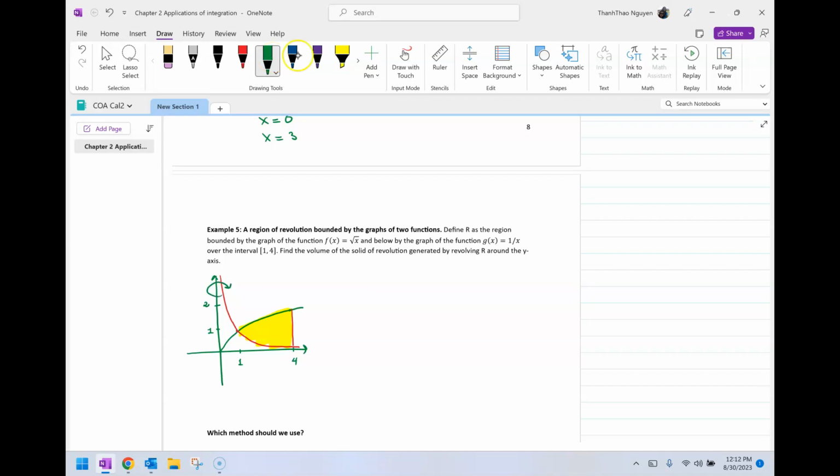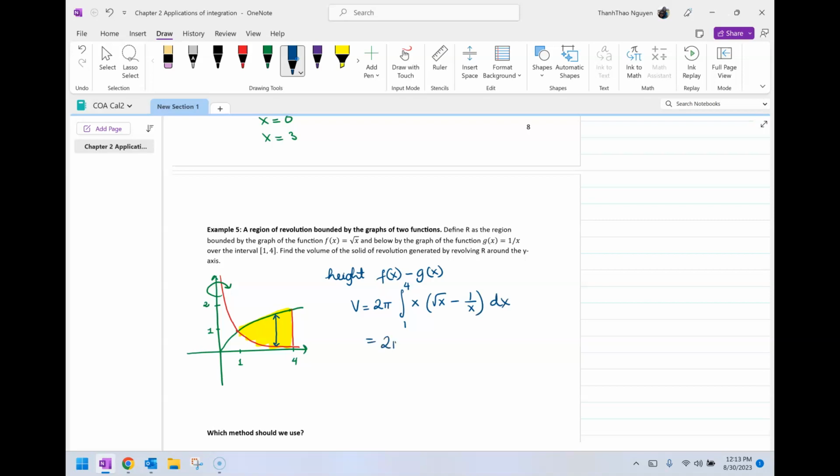So this means that the height of the cylindrical shell is the difference of f of x and g of x. So the volume is equal to 2 pi times the radius, between 1 to 4, multiplied with the height of the cylinder, that is square root of x minus 1 over x dx.